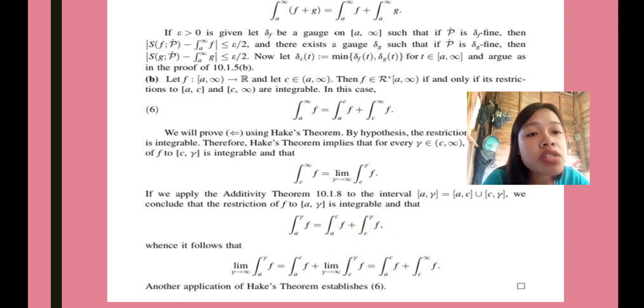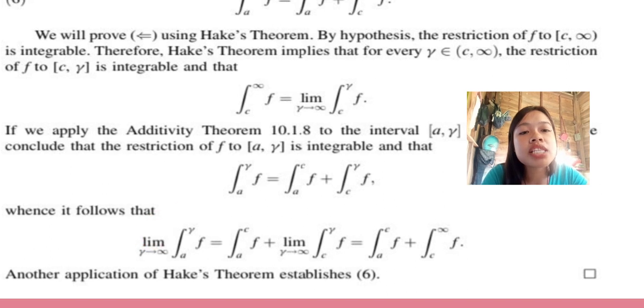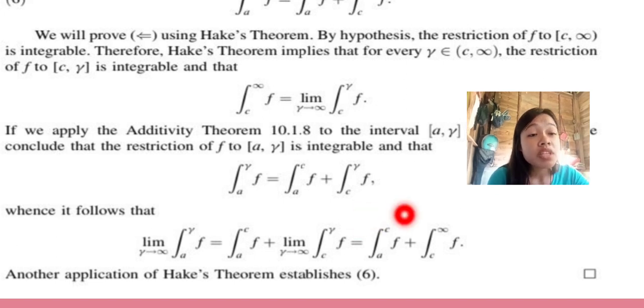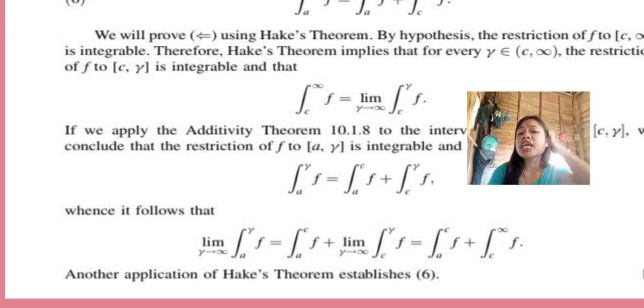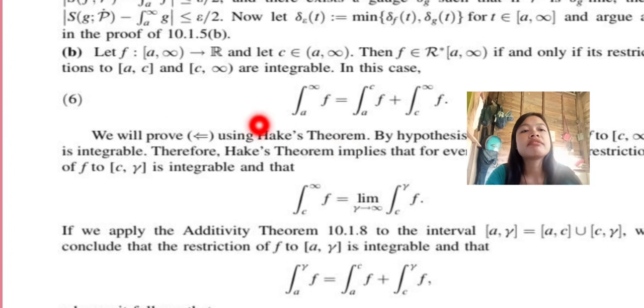Whence it follows that the limit of the integral from a to y of f as y approaches positive infinity is equal to the integral from a to c of f plus the limit of the integral from c to y of f as y approaches positive infinity, which equals the integral from a to c of f plus the integral from c to ∞ of f. Another application of Hake's theorem establishes the other statement.